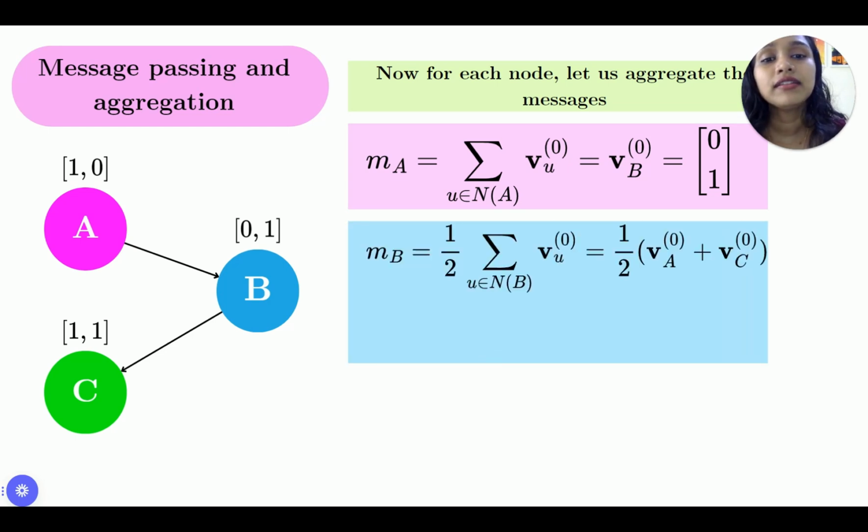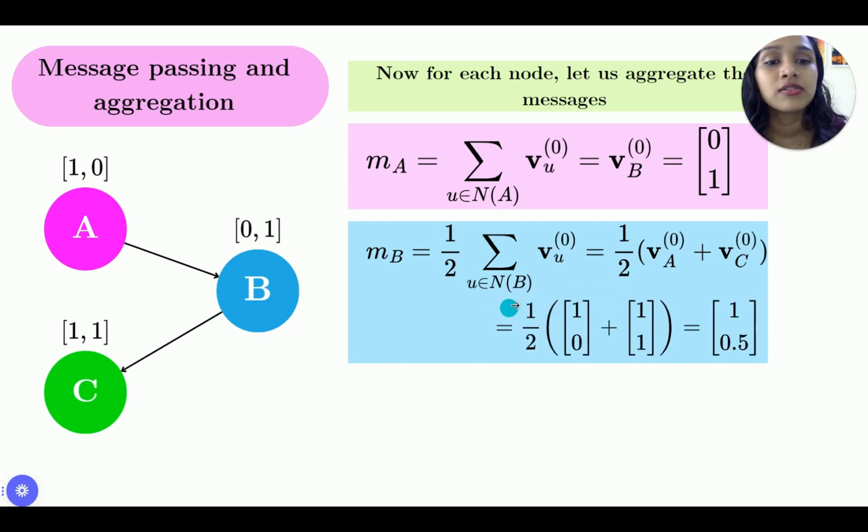Now B received messages from nodes A and C, so B received the features 1, 0 and 1, 1. Let us take the average of that. It is the average of the feature vectors of A and C, which is 1 and 0.5. Now the aggregated message of B becomes 1 and 0.5.